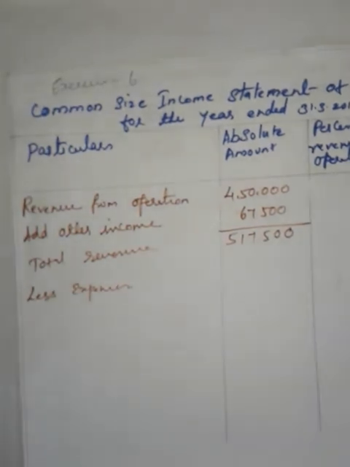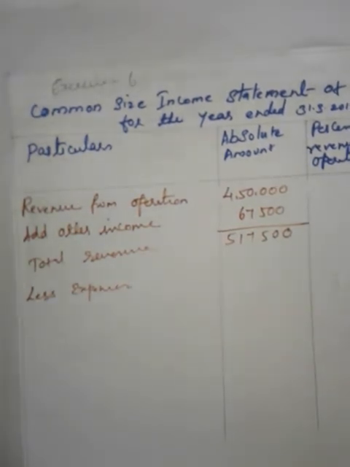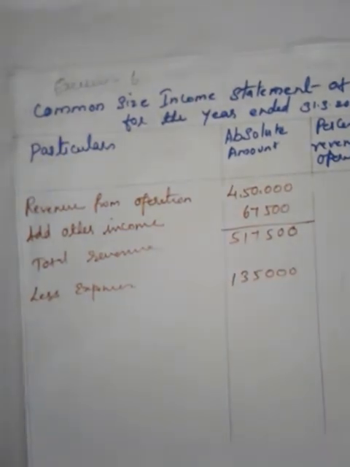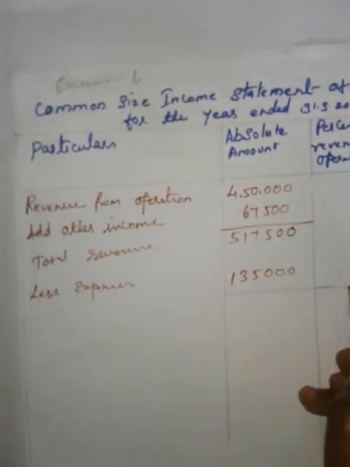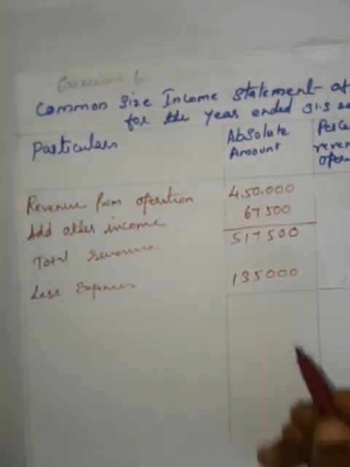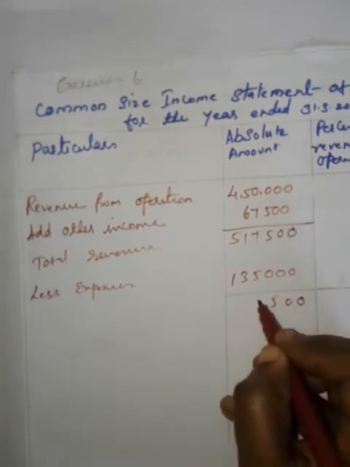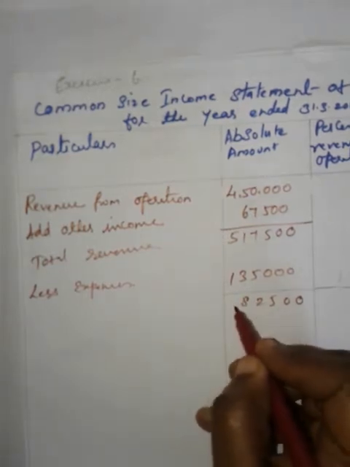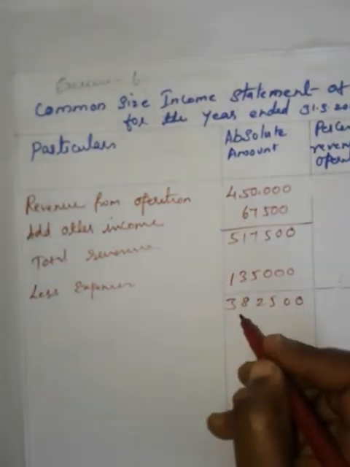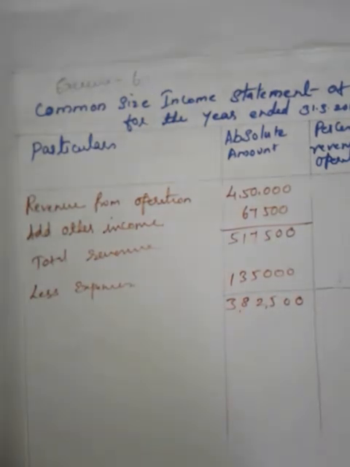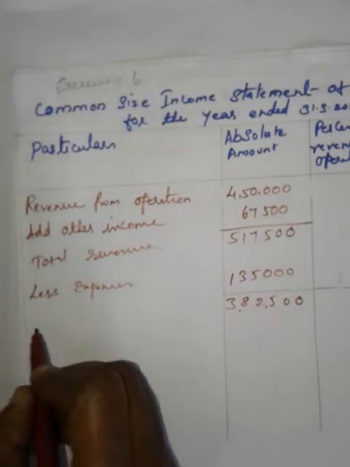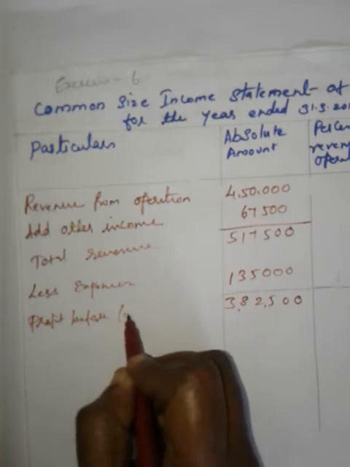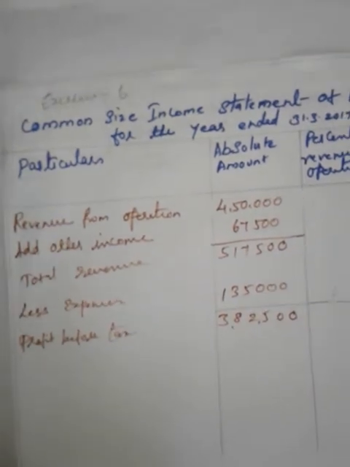The expenses for the year is 1,35,000. So the total is 3,82,500. This is profit before tax. Okay, this is the answer.